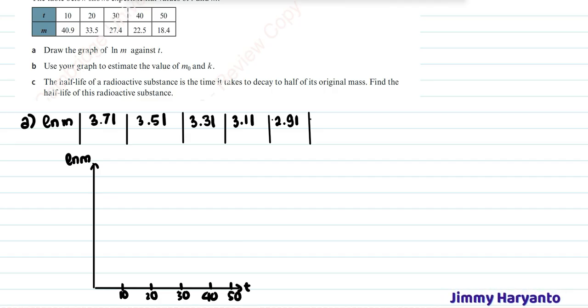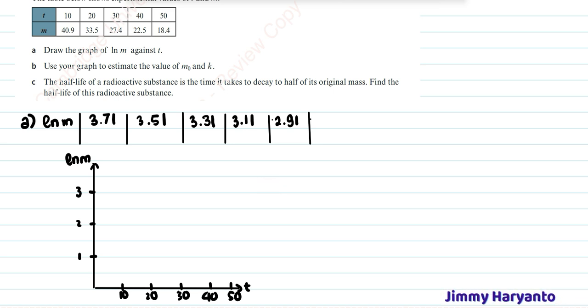Yeah, and then after this you have to plot the ln m. The lowest is 2.91. So I guess I have to do it like this. Maybe like this. Okay, so this is 1, this is 2, and this is 3.